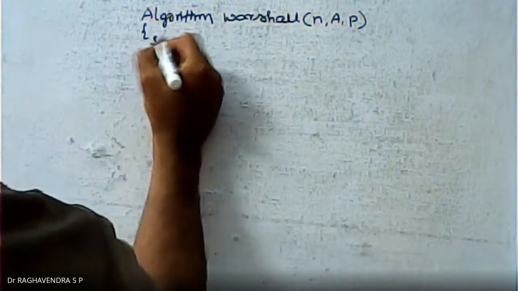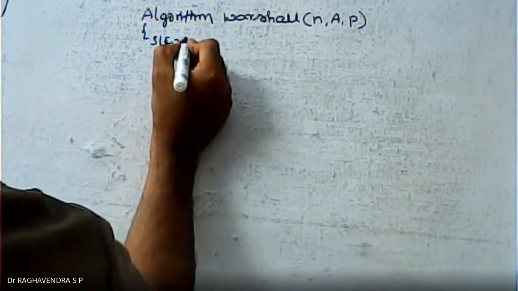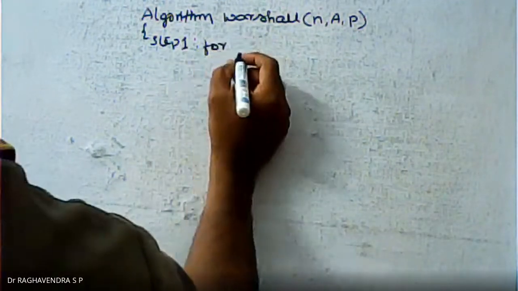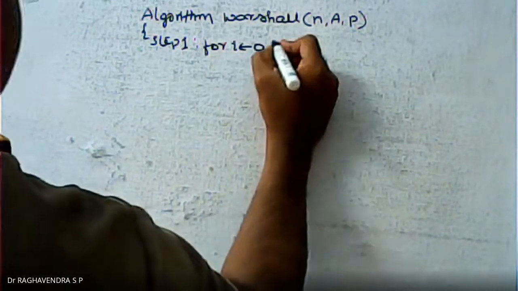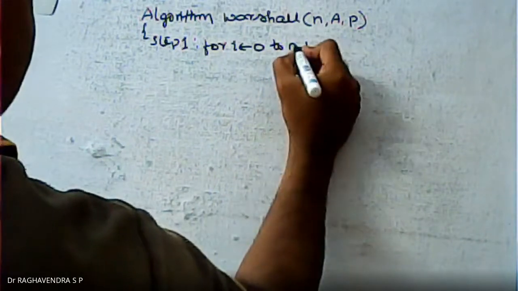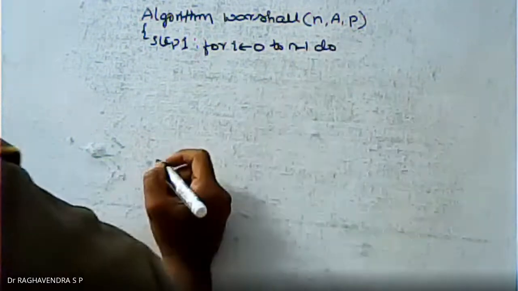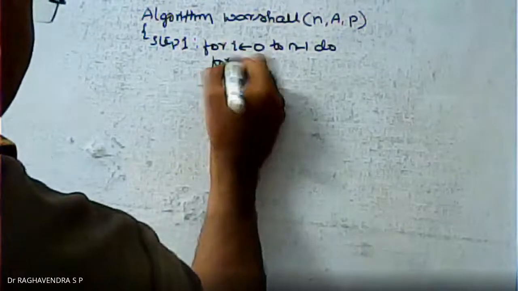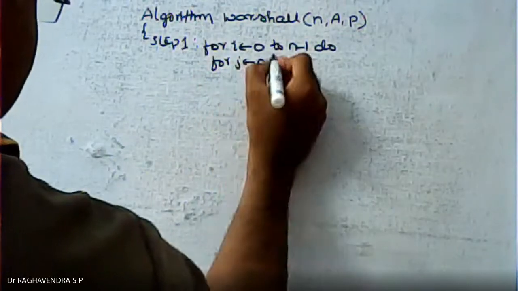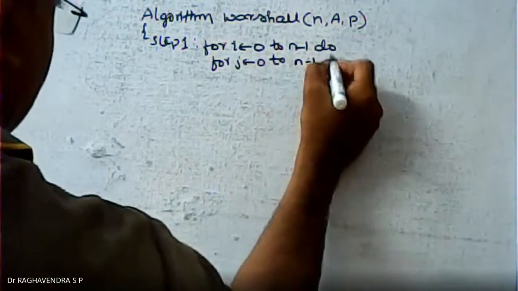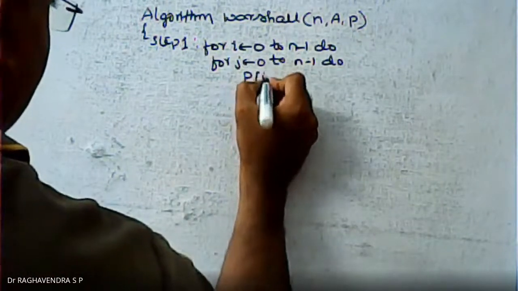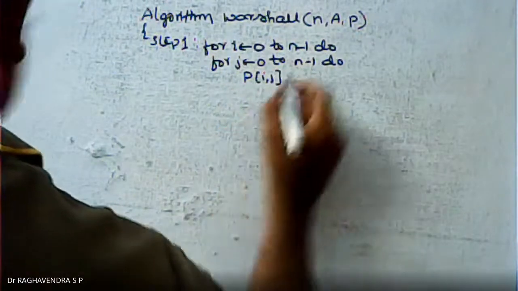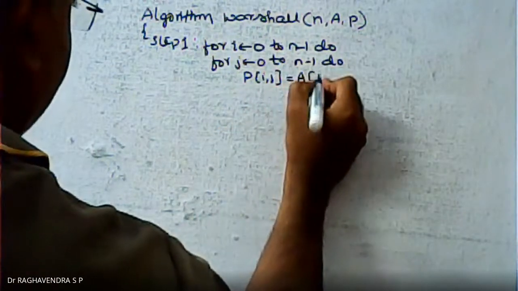So step 1, what do we do? For I is equals to 0 to n minus 1, do, for j is equals to 0 to n minus 1, P of I comma j is equals to A of I comma j.